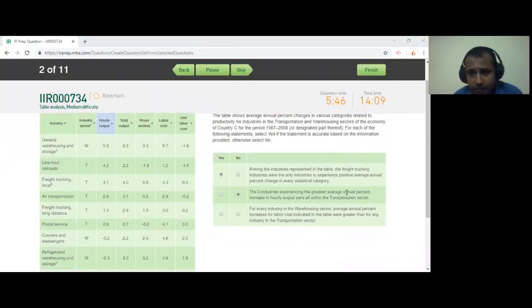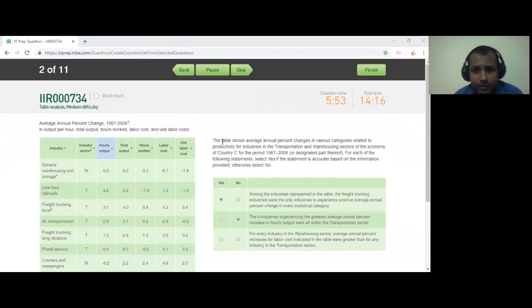The three industries experience the greatest average annual percentage increase in hourly output. So this small paragraph at the top, if you read, it is mentioning the table shows average annual percent changes. So yes, this first line itself clarifies that. For such doubts in your mind, just go back to the paragraph written over there so that it's clear.